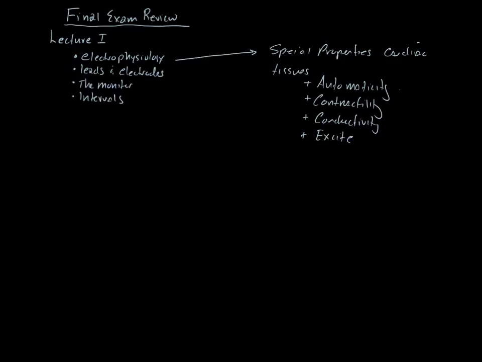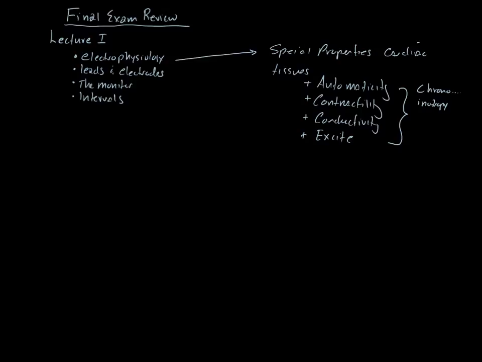All right. And then these special properties give way to some terminology that you need to be roughly familiar with, and that is chronotropy. What does that pertain to? The rate, good. So positive chronotropics would increase, negative chronotropics would decrease the rate. Good. How about inotropy? What is that?